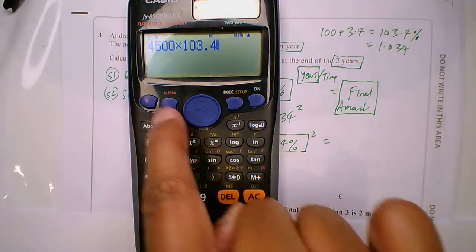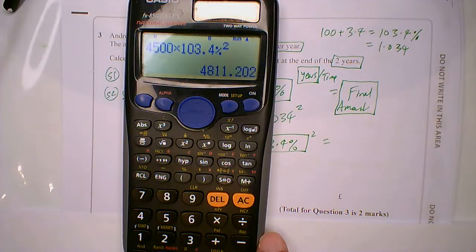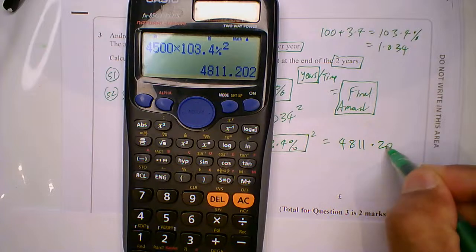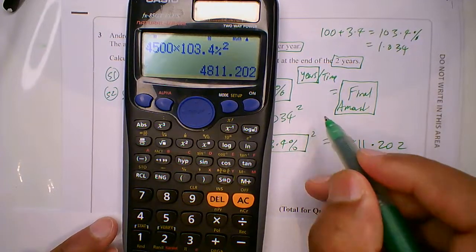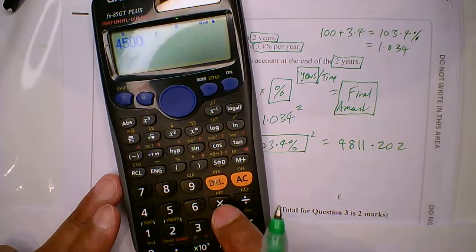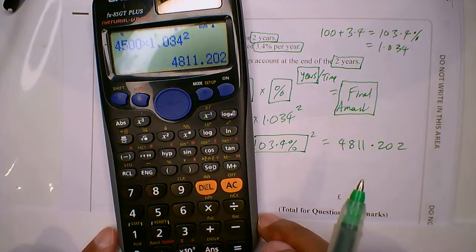So I press shift, open bracket, then I square that. That gives me 4811.202. If I use the other method as well, 4,500 times 1.034 squared gives me the same answer.